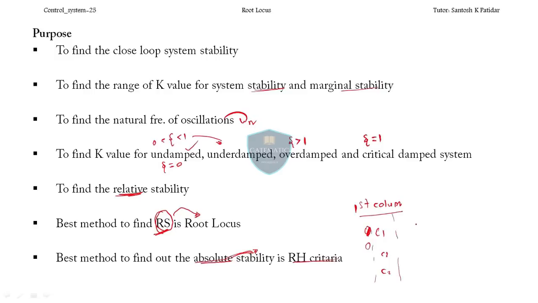If there is no sign change, I can directly conclude the system is stable. If there is a sign change, the system will definitely be unstable. So directly I can come to the conclusion whether the system is stable or not. So RH criteria is best suited for the absolute stability, and the root locus is best for the relative stability. Okay friends, I think it will be clear to you.